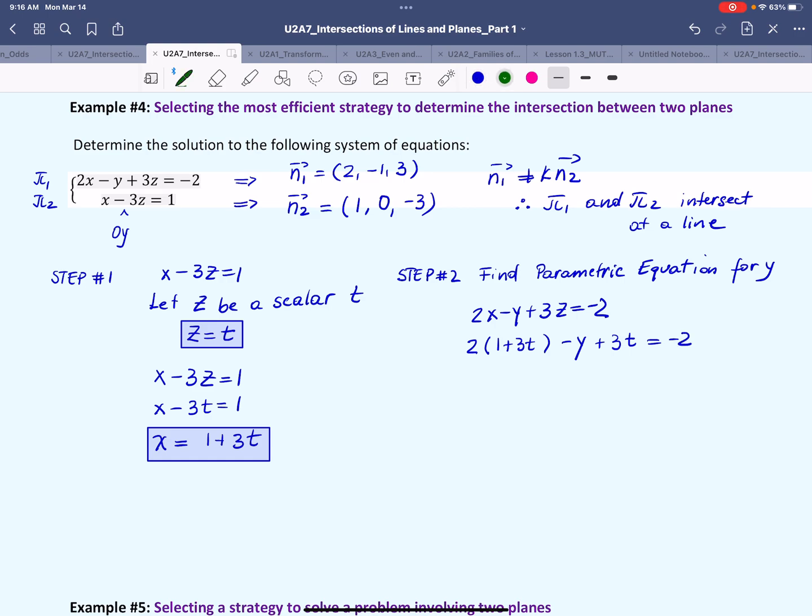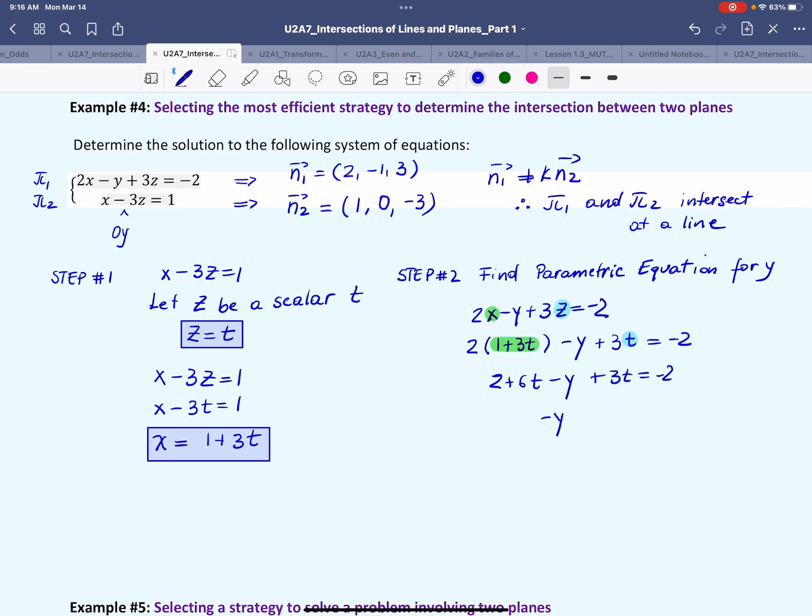Again, all we have done in here is replace the x coordinate by its parametric equation and replace the z coordinate by its parametric equation. Let's solve for y. We have 2 plus 6t minus y plus 3t equals -2.